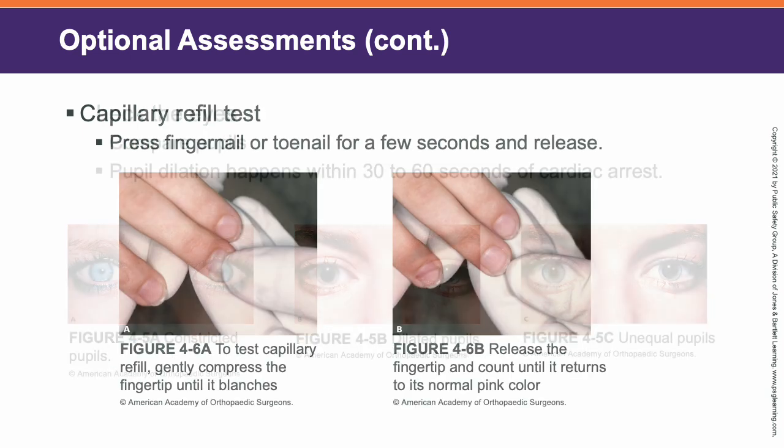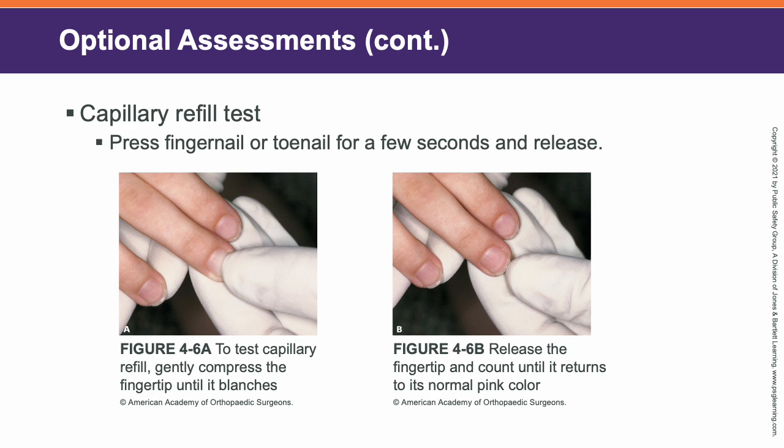Okay. Last but not least, we can also do a capillary refill test to check for blood flow, whether an extremity is getting blood flow or not, or whether the heart is pumping blood really to the body in general. To do that, you press on either the fingernail or the pad of the finger, whichever hand you're worried about.